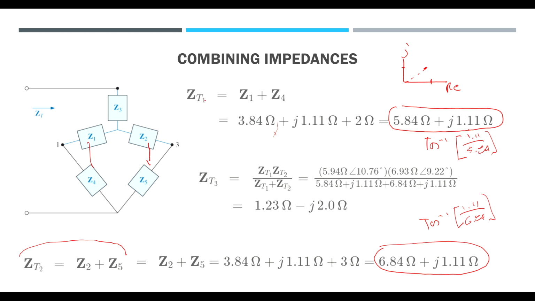And then the total impedance is going to be, we connect Z3 with an impedance there, an impedance here, and this one will be ZT3 connecting 2 and 5, ZT2 connecting 1 and 4. Then we have that these two impedances are in parallel, and then those would be in series with Z3.